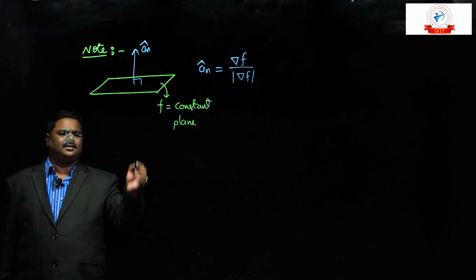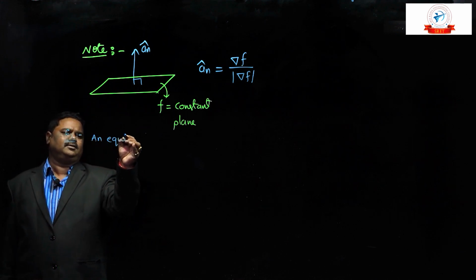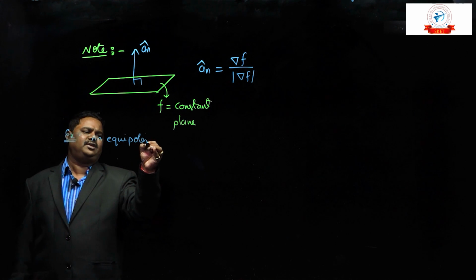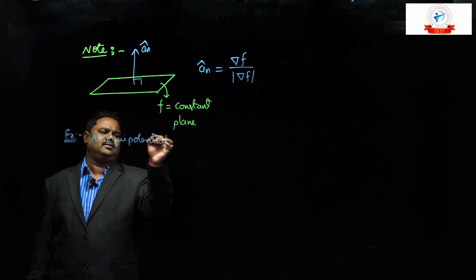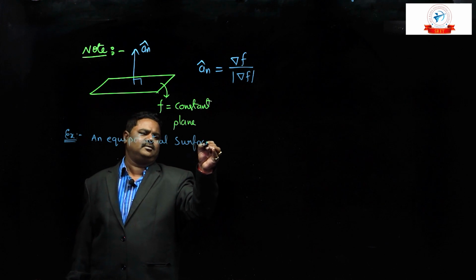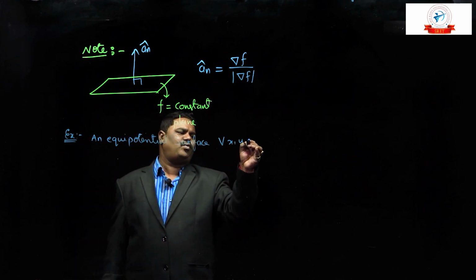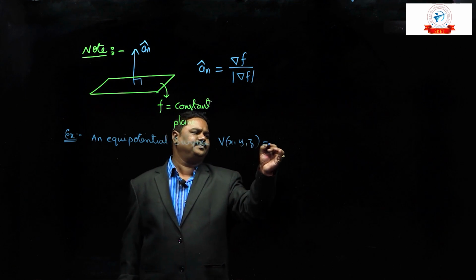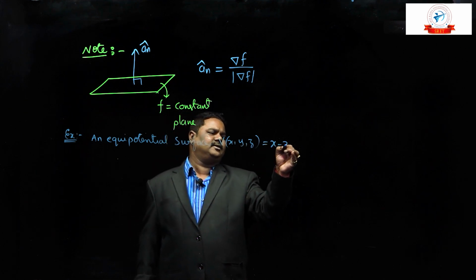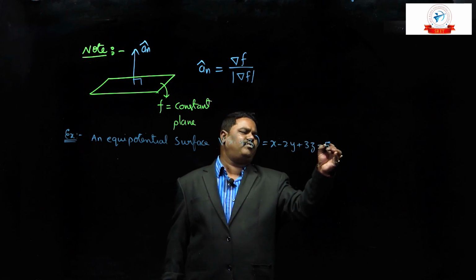Let us consider an equipotential surface V, or V of x, y, z, equal to x minus 2y plus 3z, equal to 5 volts.